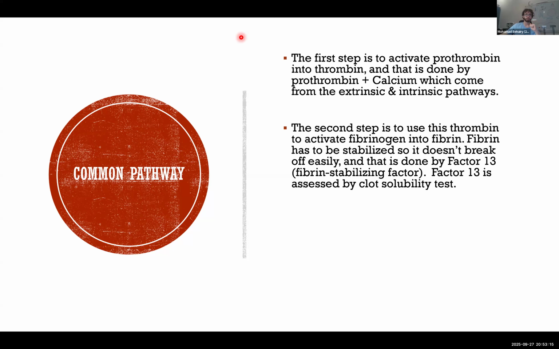APTT, absolutely. I just want to add one more thing to this list. Factor 13, if we want to make sure it's working in a person, we do the clot solubility test. This test will determine if factor 13 is working or not. That's the last test I want you guys to do.